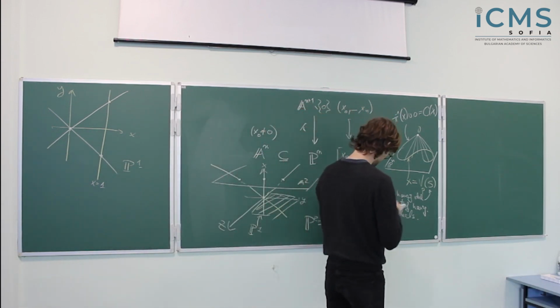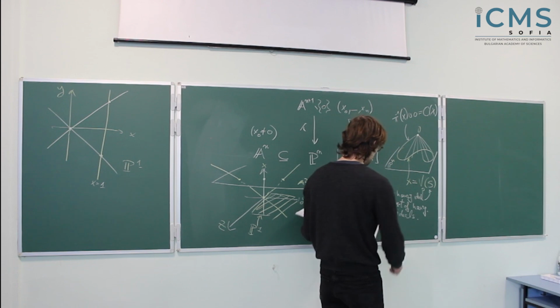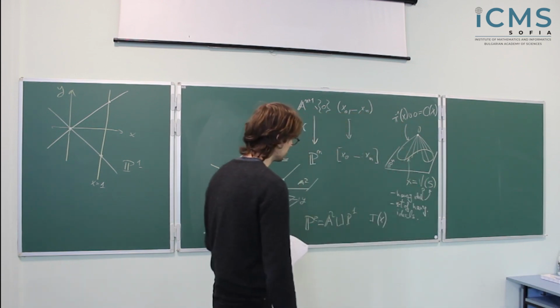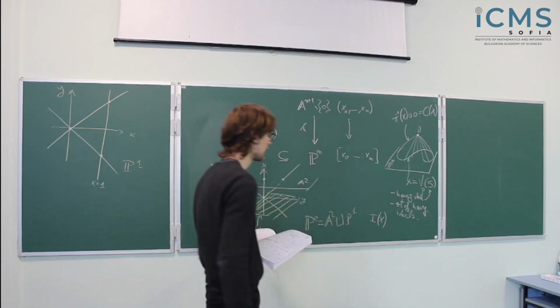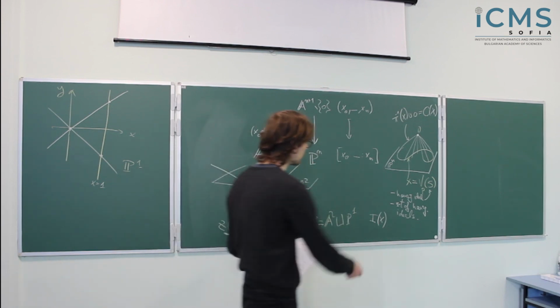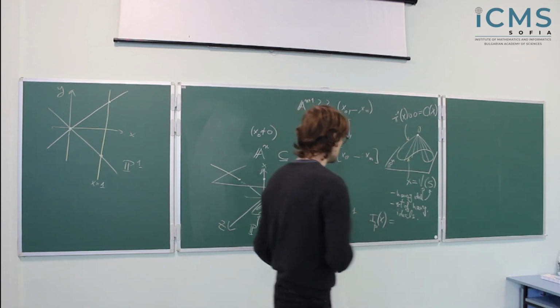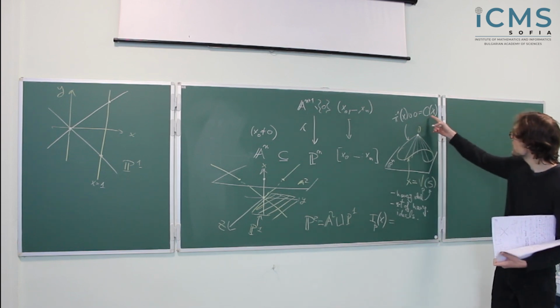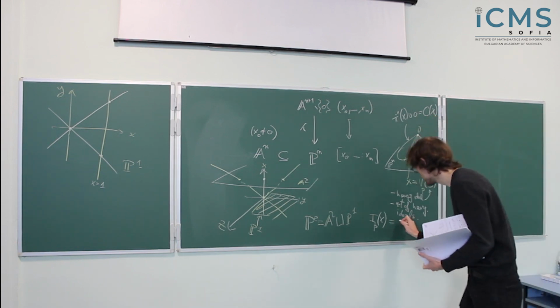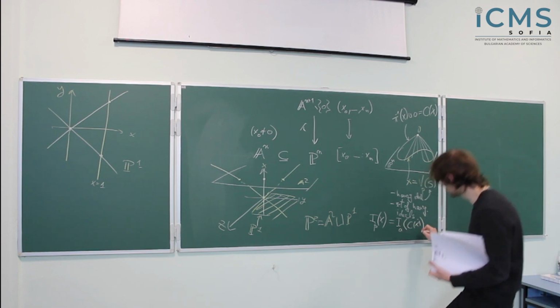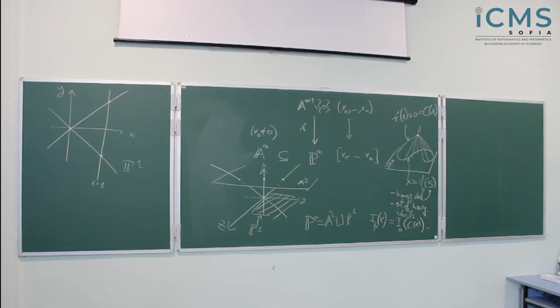And if we consider I of X, this will be the ideal of this projective variety. So for something projective, this will only be the affine ideal of this algebraic set here. Okay, so this is how we built again the correspondence between ideals and varieties.